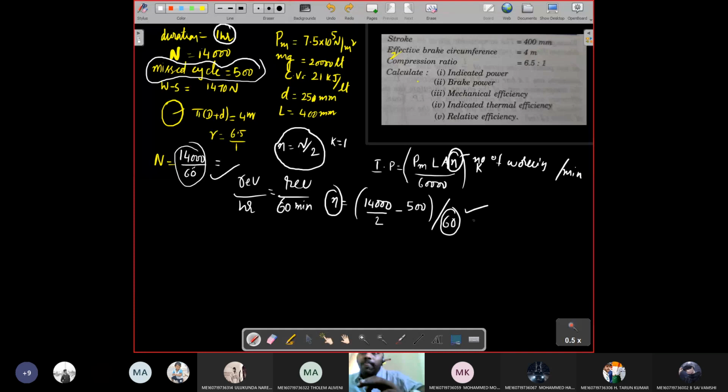Why? Because for pm, the units are Newton per meter square, length meter, area meter square, and this is 1 by minute. Then why do I consider this 60? To convert this into seconds. Then meter square will be cancelled, Newton meter is joule, joules per second is watt, and this watt is converted into kilowatt by dividing with 1000.